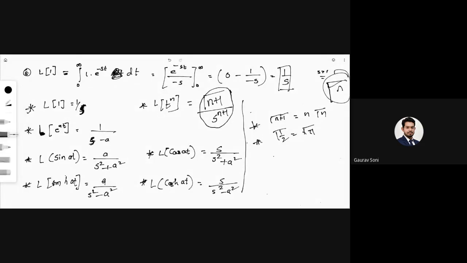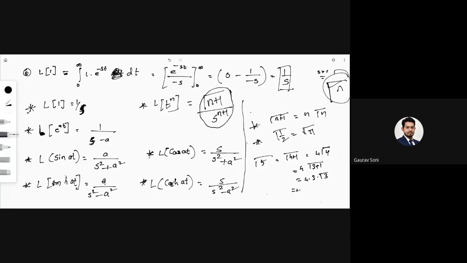Now suppose I have to find gamma of 5. What is 5? 4 plus 1, so that will be 4 gamma of 4. Now gamma of 4 is nothing but gamma of 3 plus 1. Again, I can write it as 3 gamma 3.